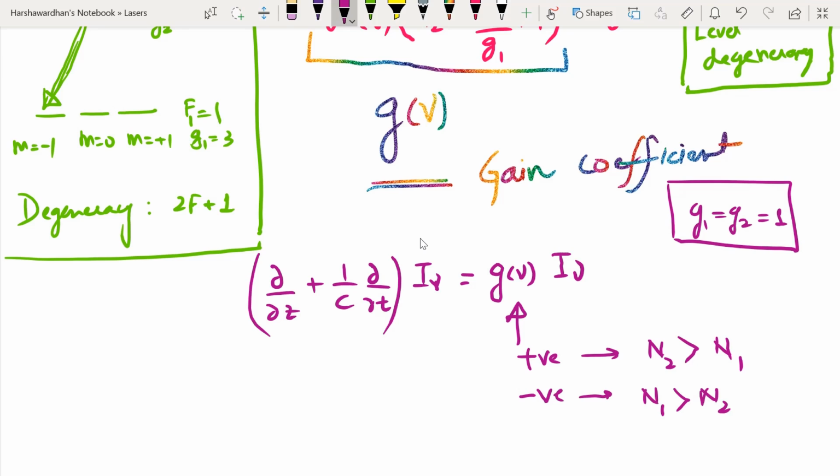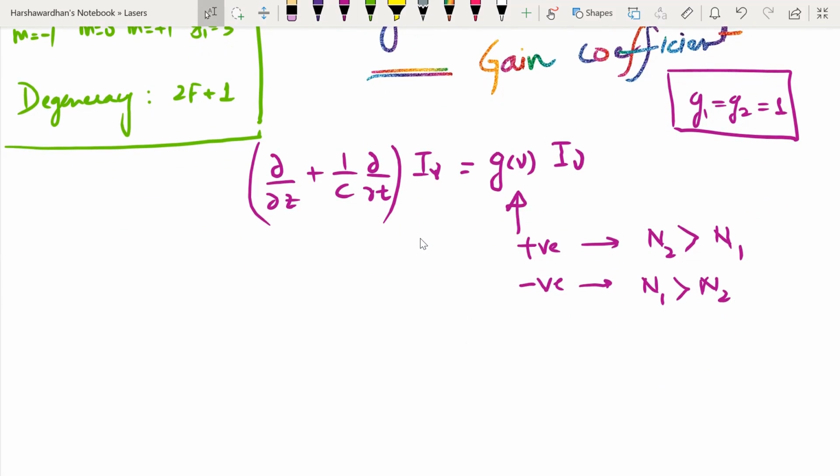And essentially, as the light propagates through this volume, it is going to decrease. It's going to lose its energy proportional to this gain coefficient. You can also think of the gain coefficient as essentially the inverse of the absorption coefficient. Absorption coefficient is the situation where N2, the excited state atoms, is 0.